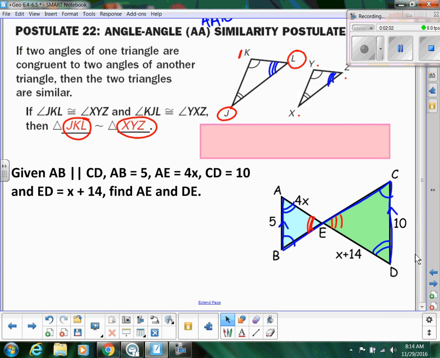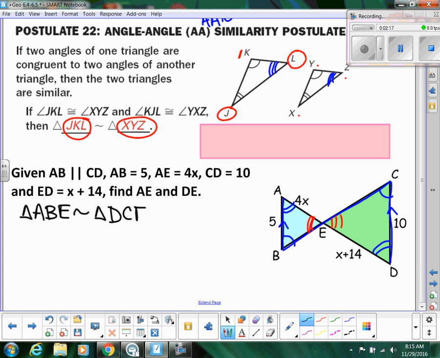So we know that those triangles are similar: triangle ABE would be similar to triangle DCE. It's good to know what matches up with what.